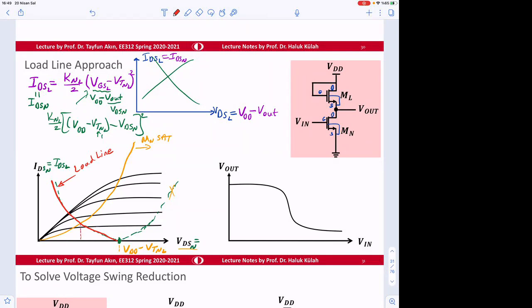So can you tell me what is this point, where both transistors are in SAT, the end of that? And then here, Mn goes to linear. So what is that V out value? We define that.